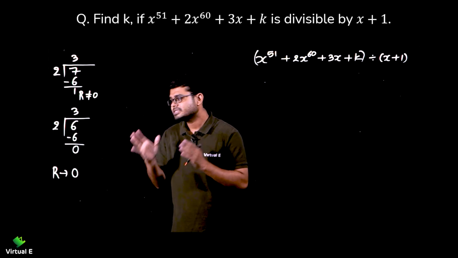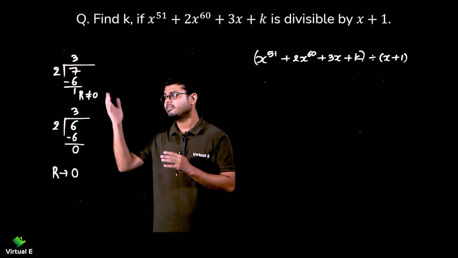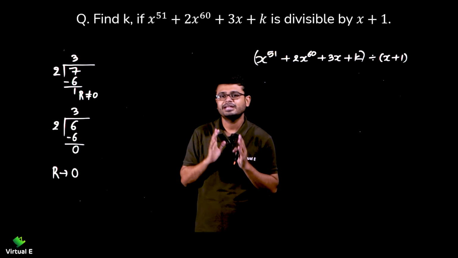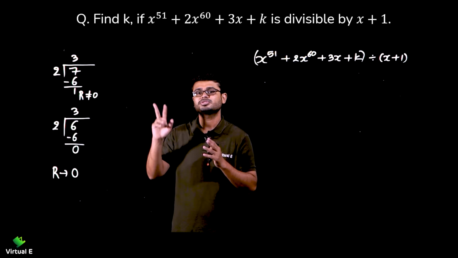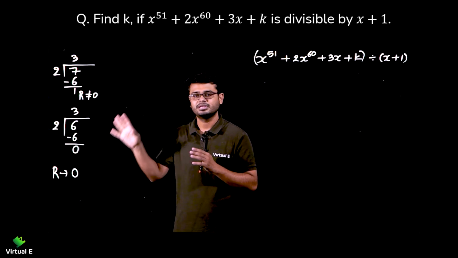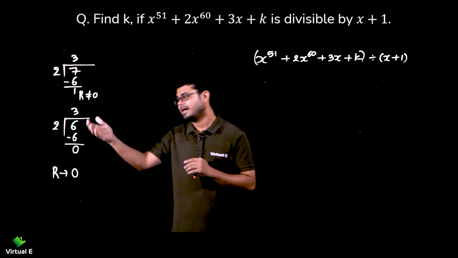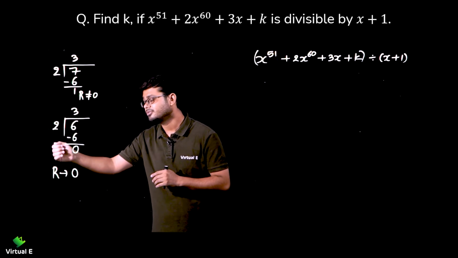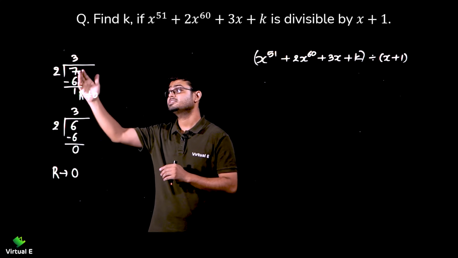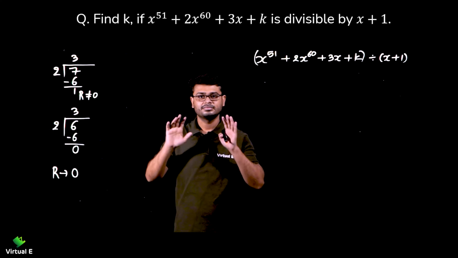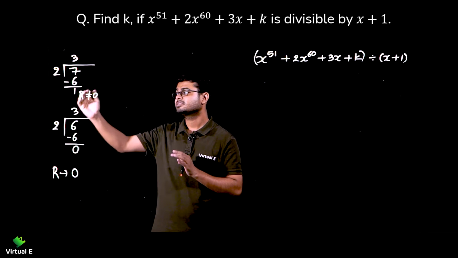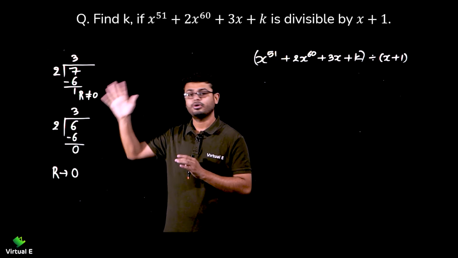So in the previous cases we were not getting remainder 0, so we can say that those two polynomials were not divisible. So here I can say that 6 is divisible by 2, but 7 is not divisible by 2. Simple to understand. If we get a remainder other than 0, not divisible.